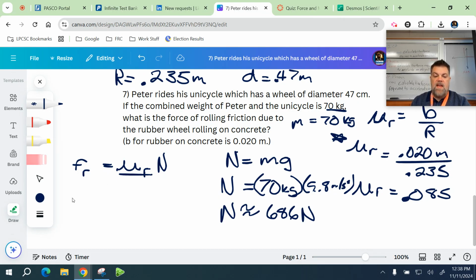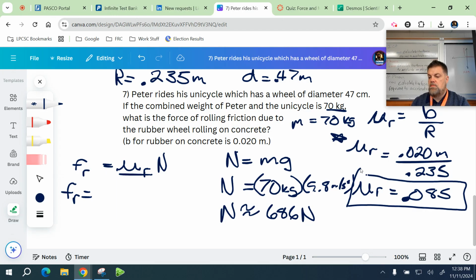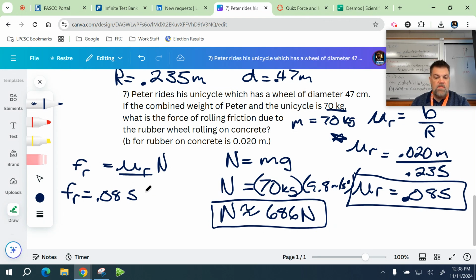All right. So now to find this, I'm going to take this number, which is the coefficient for rolling friction of rubber on concrete, 0.085, times my 686 newtons.